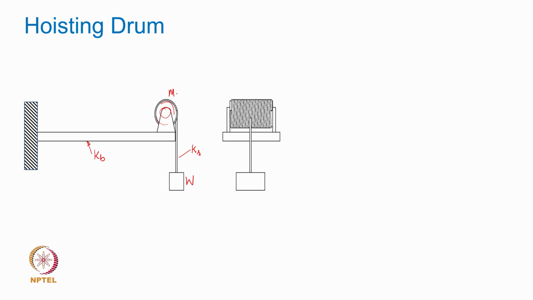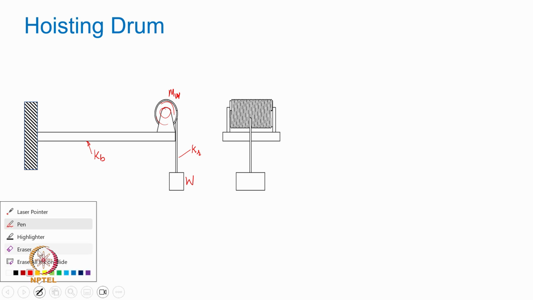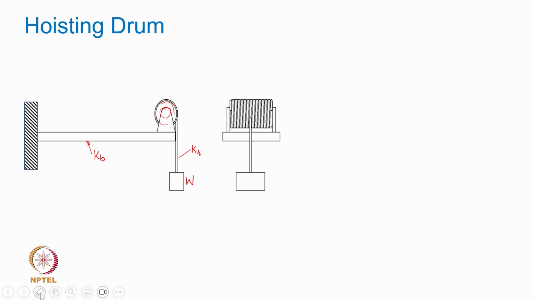The mass of the winch, let me write here as Mw, was assumed small enough in the earlier analysis, and ML is the load being lifted here.